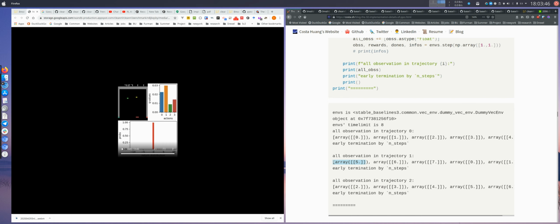So from the PPO standpoint, it doesn't know it's just a trajectory. It perceives it as an MDP, and it sees the first observation is 5. Does that make sense? And all of the advantage calculations are not reused from the previous calculation. It's only the states that are reused.